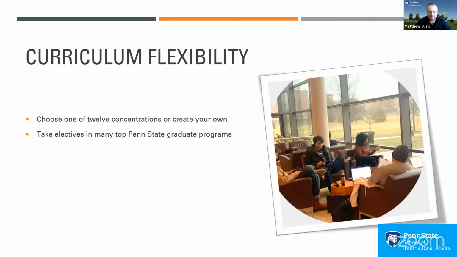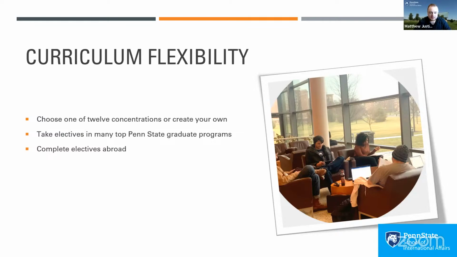So we have students taking classes in the business school here at Penn State, or the political science department, or the history department, Asian studies, Latin American studies, et cetera, to form a concentration of their choosing. And again, our academic advising team will help you navigate the course catalog here at Penn State, which is very vast and thorough, to identify courses that are interesting to you and meet your career and academic ambitions.